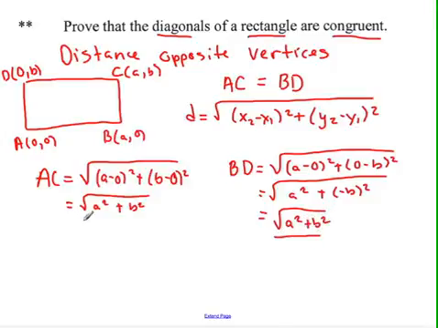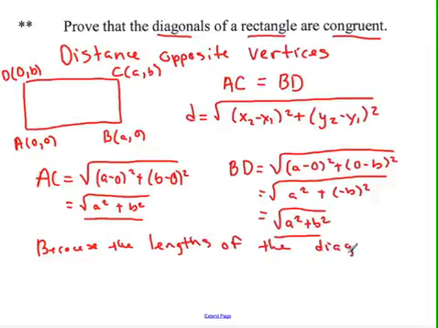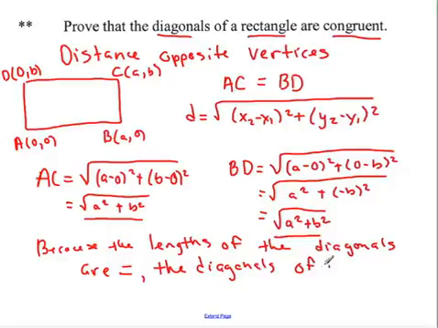At this point, I notice that my distances are congruent, so I'll say, because the lengths of the diagonals are equal, the diagonals of a rectangle are congruent.